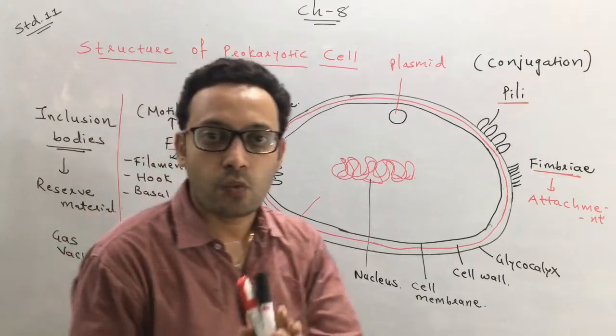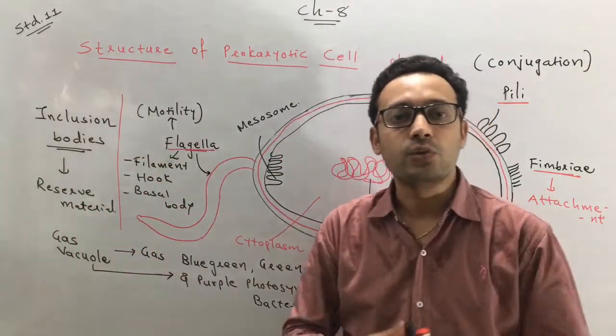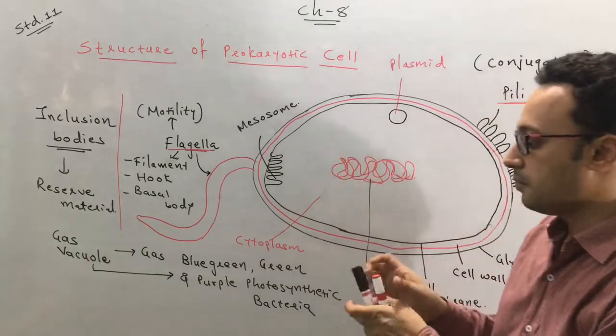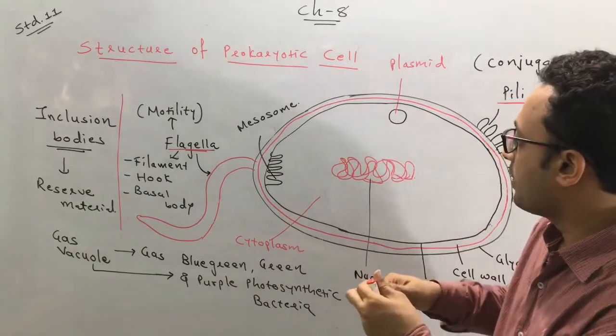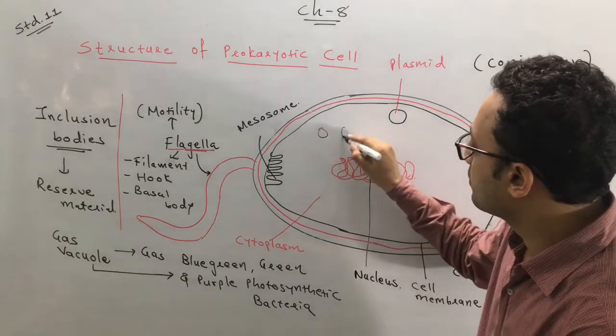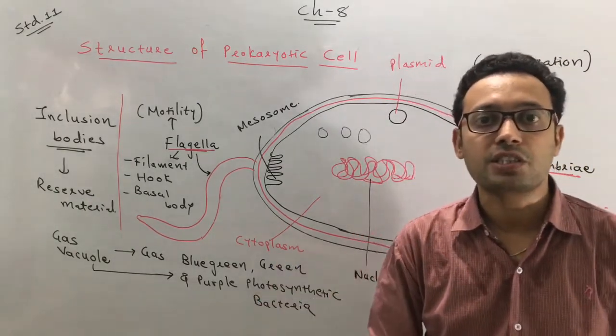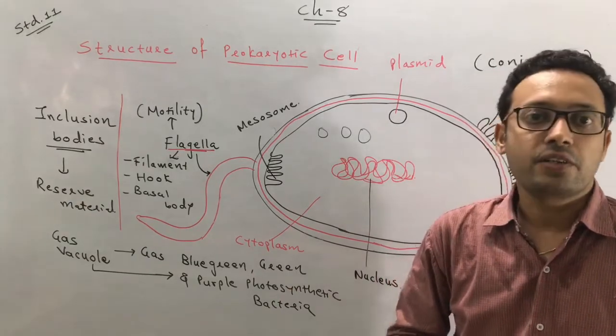So I can repeat, what is an inclusion body? Inclusion bodies are structures found in the cytoplasm, like here. They are non-membranous because membranous structures are not found in a prokaryotic or bacterial cell.